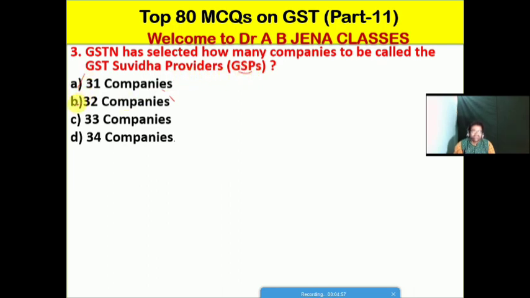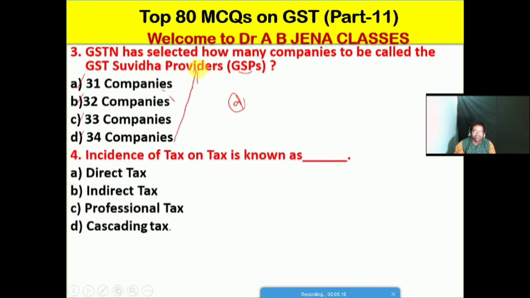A, 31 companies; B, 32 companies; C, 33 companies; D, 34 companies. So friends, D is the right option. GSTN has selected 34 companies to be called GST Suvidha Providers.